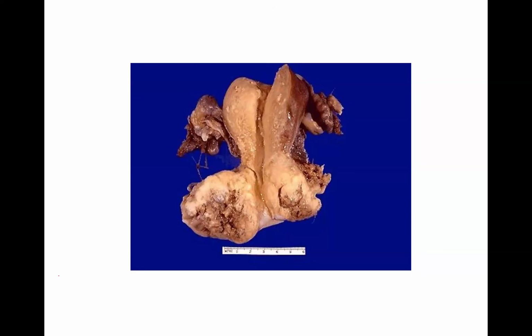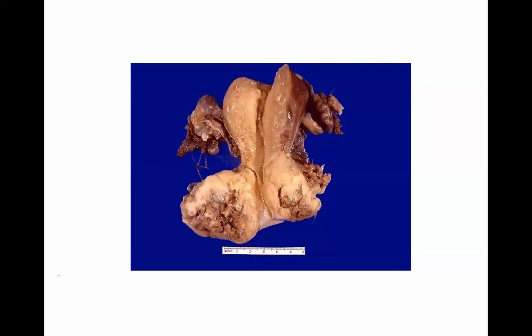So what investigations would you like to do? Sir, I'd like to do CT pelvis, sir, to look for any nodal involvement, and CT abdomen and pelvis, sir, to look for any para-aortic nodal involvement.